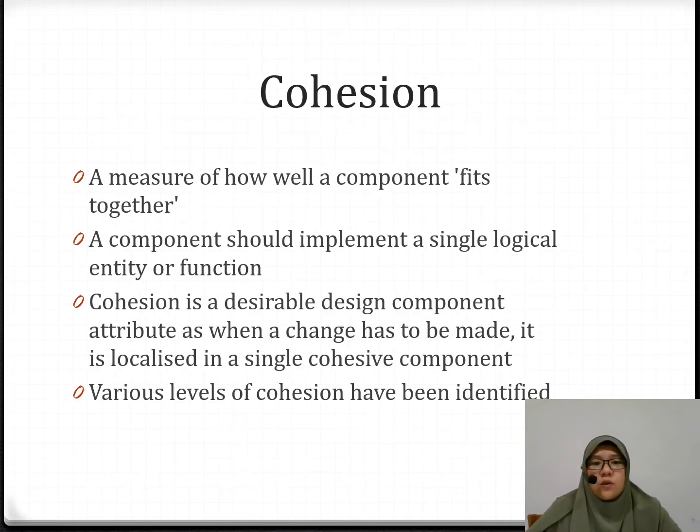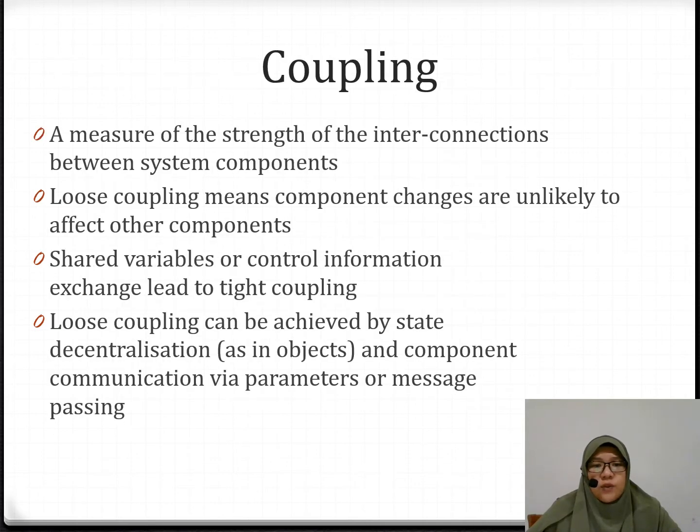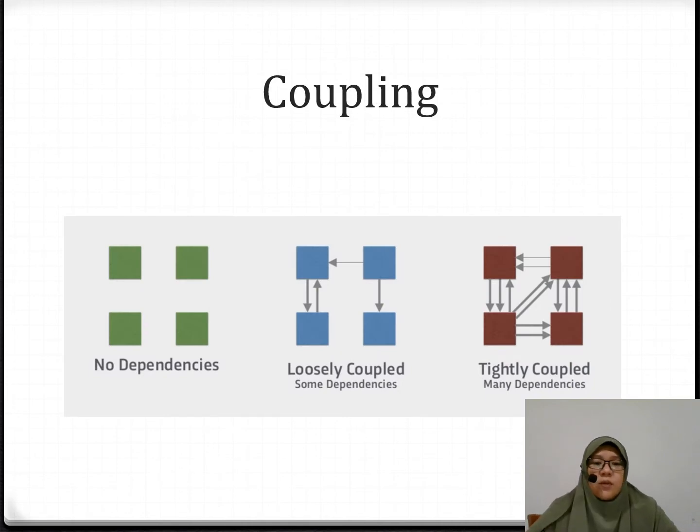Okay. So yes, cohesion is how well a component fits together. Okay, so I want to show you, yes, this is the one I wanted to show you. So what's coupling? Basically coupling is how much interaction there is between different modules.